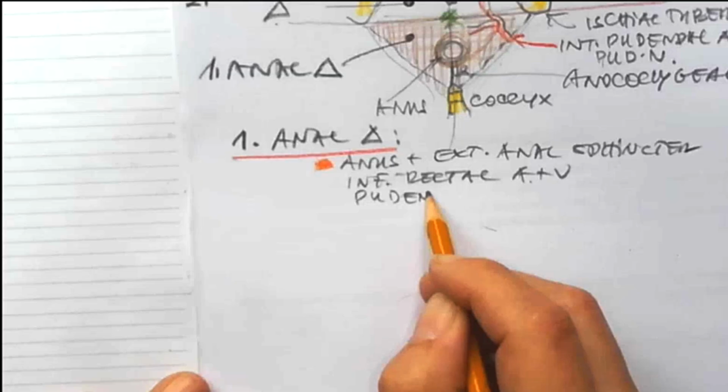Fine. And then the skin is pigmented, and contains hair plus the apocrine circumanal glands.